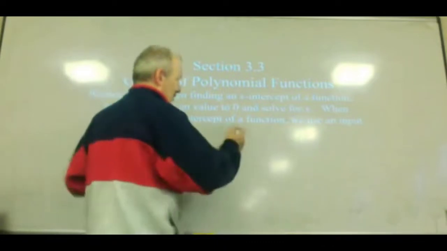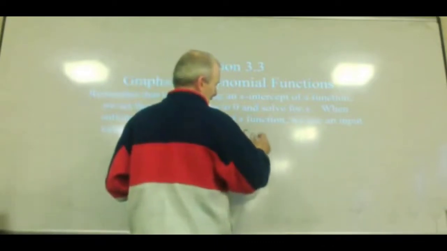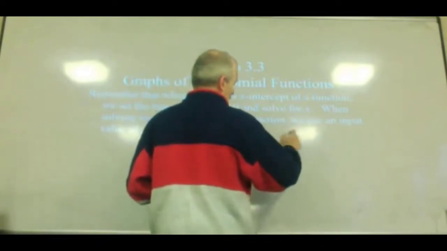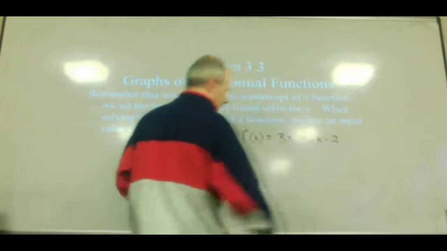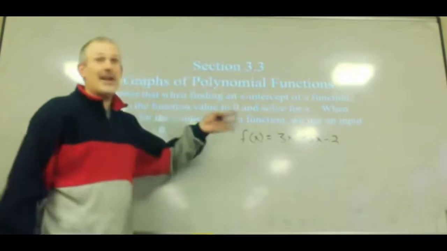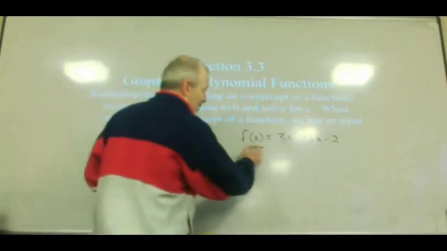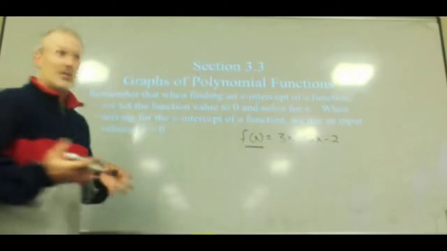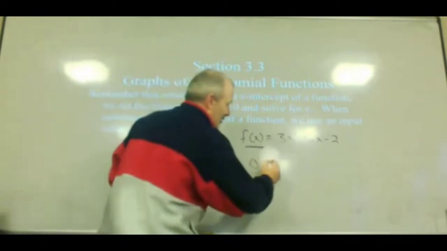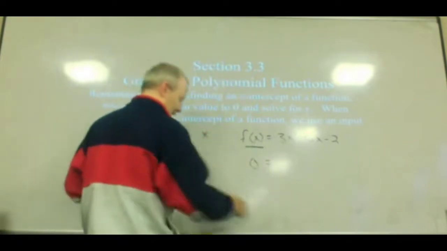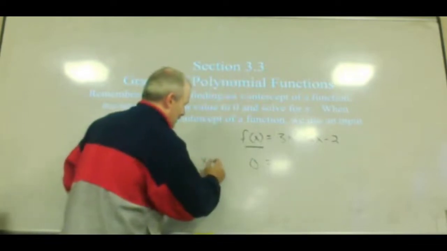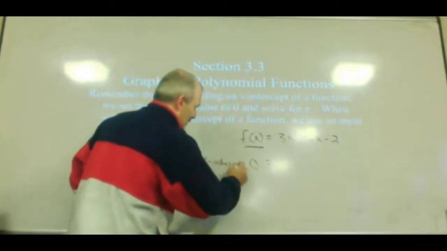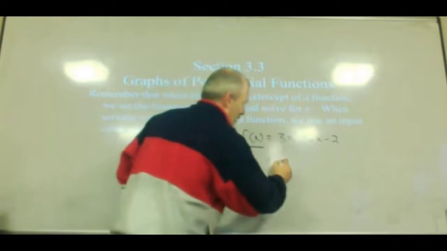If you've got a function f of x equals, let's say, 3x squared plus 5x minus 2, to find the x-intercept, we take the function value and put in the 0.